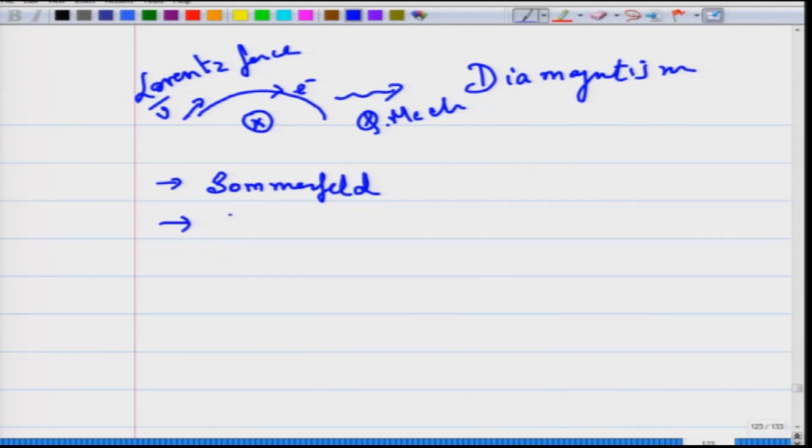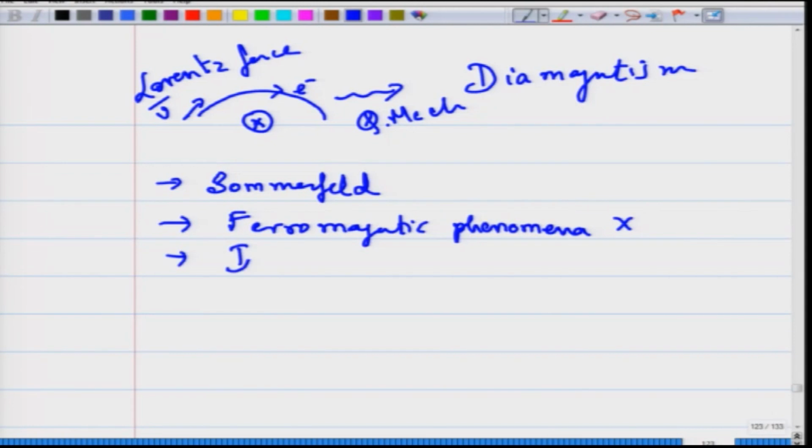So, some of the drawbacks is that ferromagnetic phenomena cannot be explained through Sommerfeld's model. Insulators cannot be explained. How do you get insulators inside for a given material? How does it become insulating? Cannot be explained.